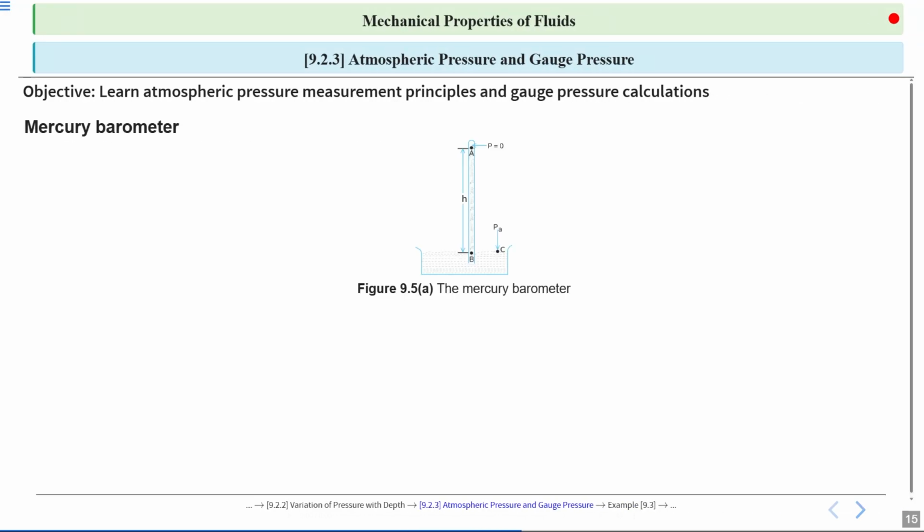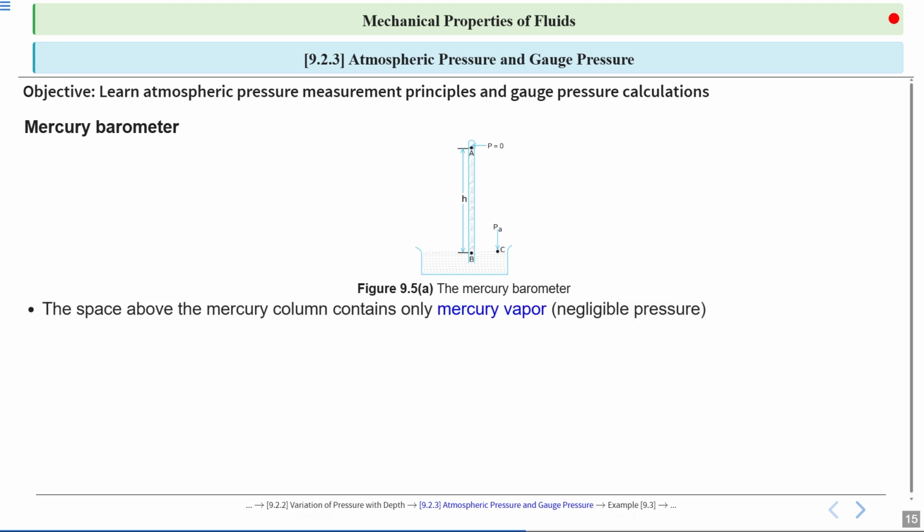Now, let's start by looking at the mercury barometer, which is a device used to measure atmospheric pressure. Notice the figure of the mercury barometer in figure 9.5a. This instrument uses a column of mercury to determine the pressure exerted by the atmosphere.